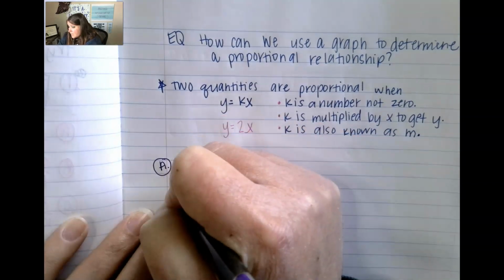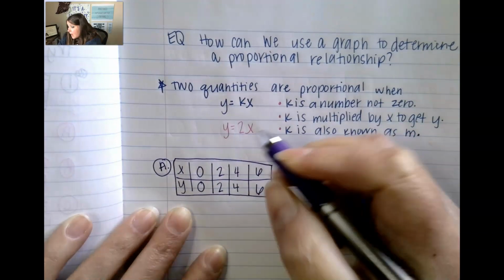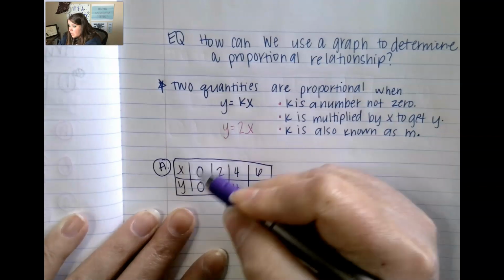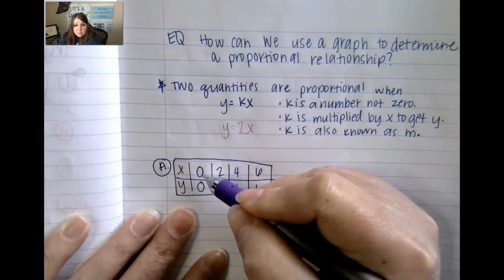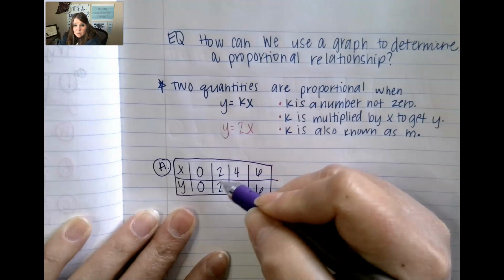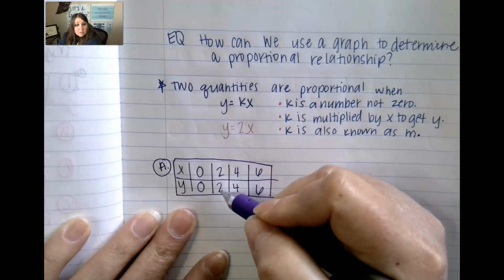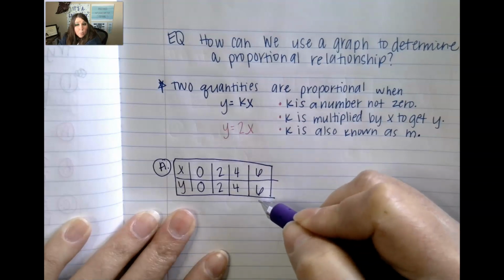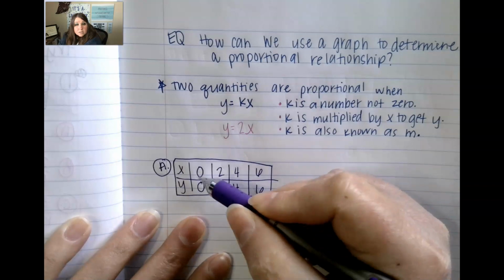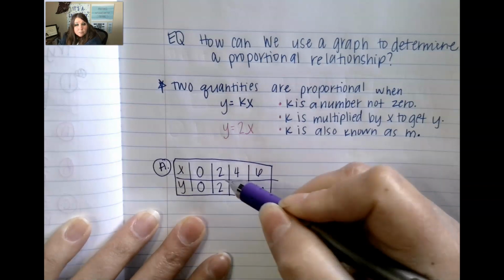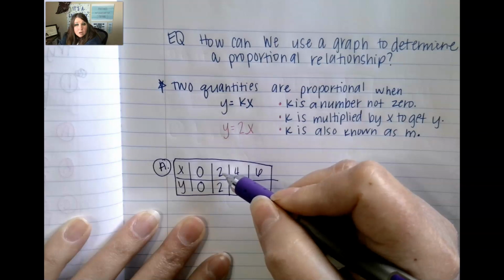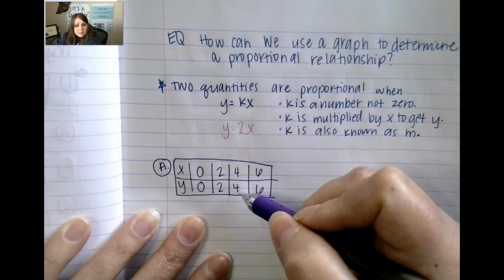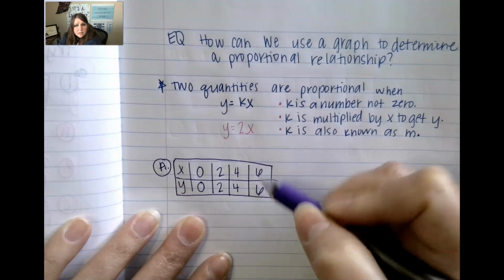Okay, so this is telling us that somehow when we're multiplying x by some number, we're going to get 0. So when x equals 0, we get 0. When x is 2, y is 2. Every time it looks like we're multiplying by 1, right? So 0 times 1 is 0. 2 times 1 is 2. 4 times 1 gives us 4. 6 times 1 is 6.